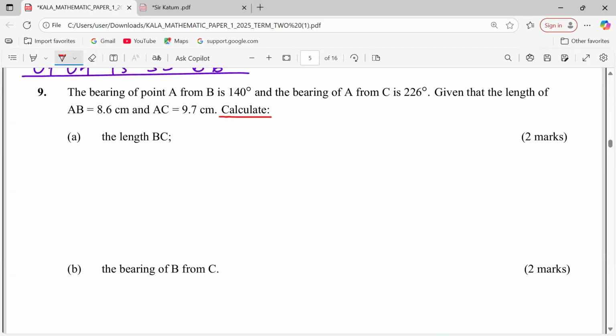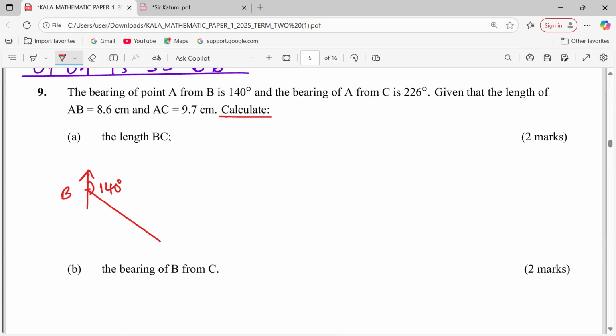Then we brace ourselves and have a sketch. We calculate the bearing of point A from B. So we can say this is our B, 140. Just doing a sketch, 140 like that.